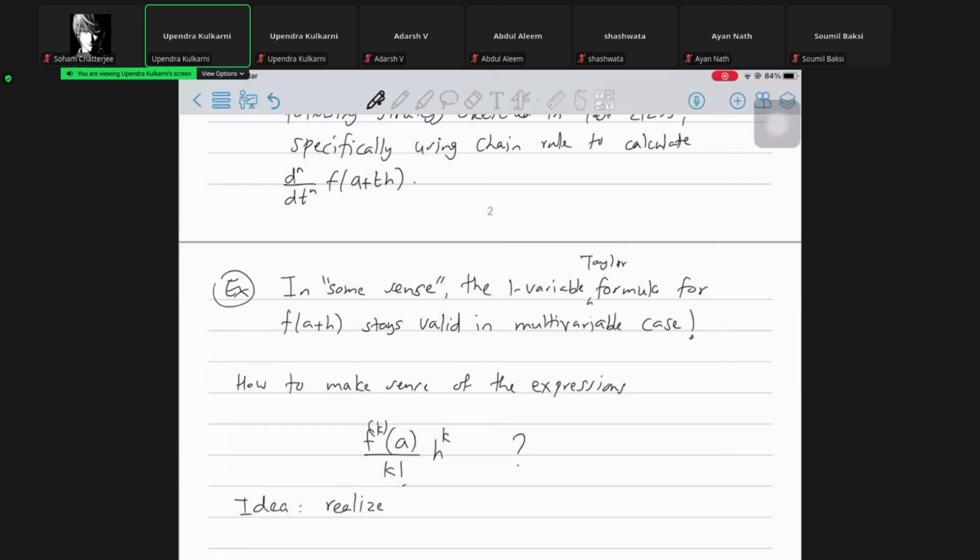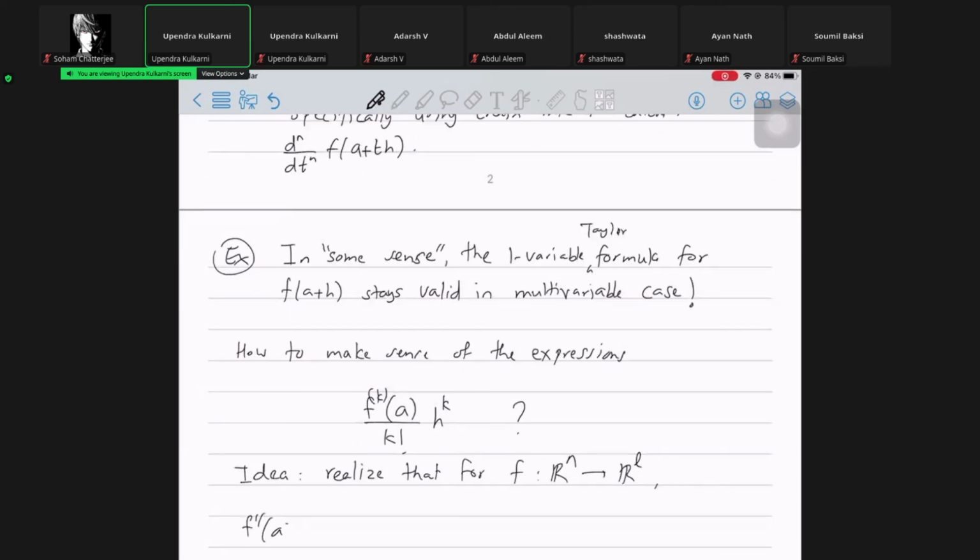Realize that, let us say more generally, for f from Rn to Rl, f double prime of A is really a map from where to where?